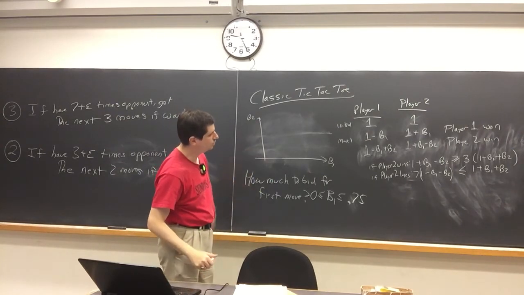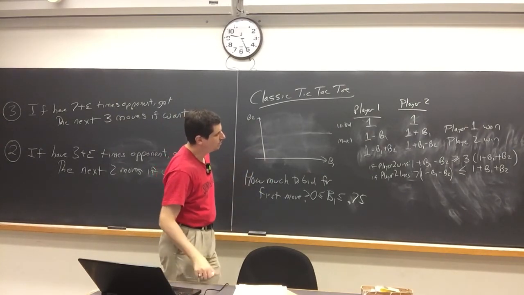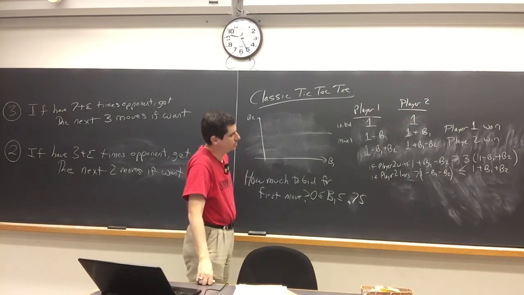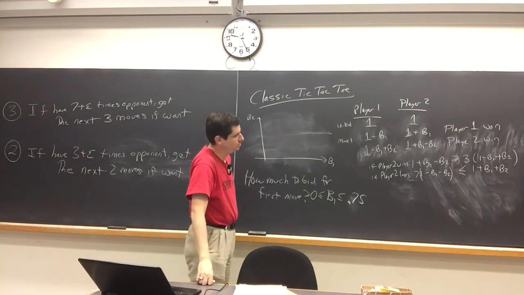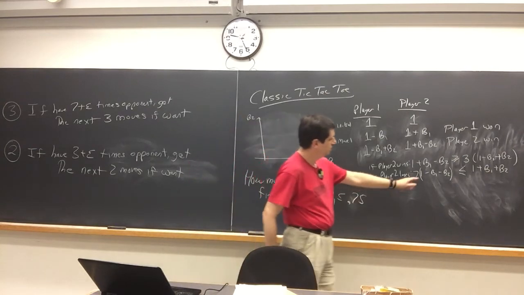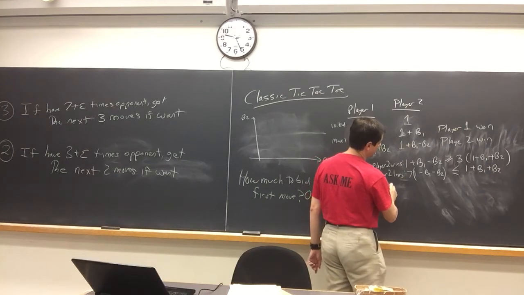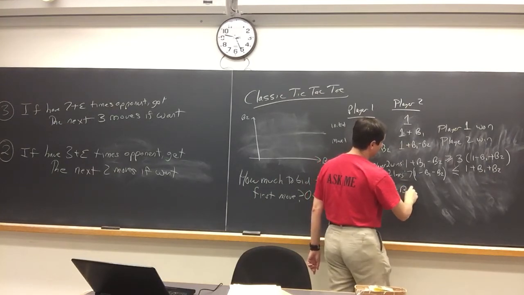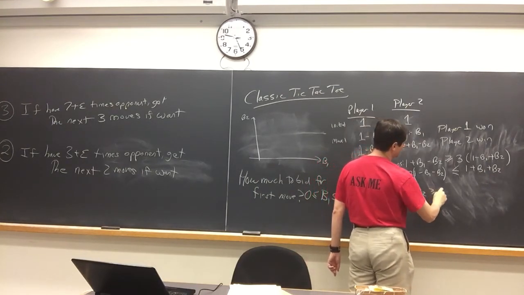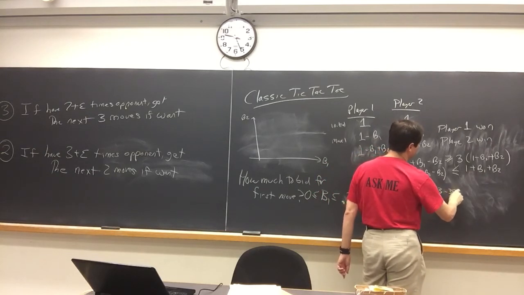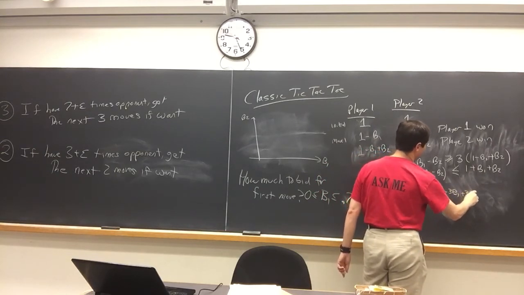Now the first one, we've got 1 plus b1 minus b2 greater than or equal to 3. So let's set this up into a good form. The first one becomes 1 plus b1 minus b2 is greater than or equal to 3 minus 3b1 plus 3b2.